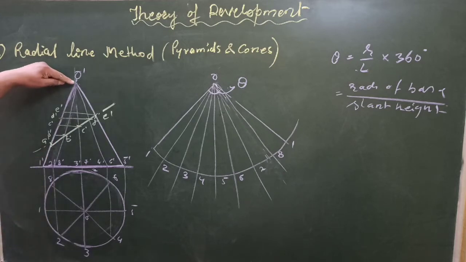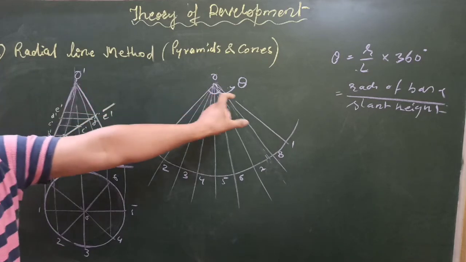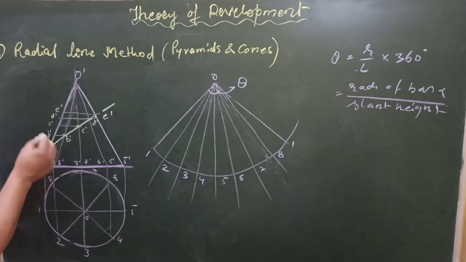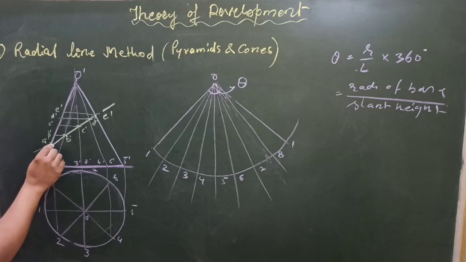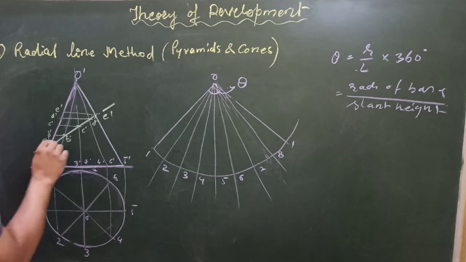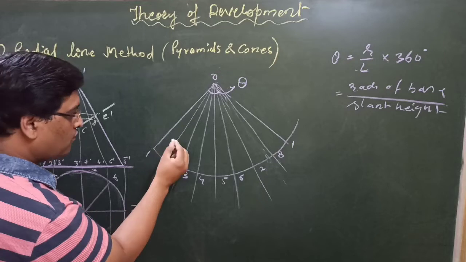Now you have to take distances from here, O dash 1 dash, O dash A dash, O dash B dash, O dash C dash, D dash and E dash, and you have to cut on the respective lines on which these points are cutting. Say O dash A dash is cutting O1. So you have to take O dash A dash distance from here, take O as center and cut O1.